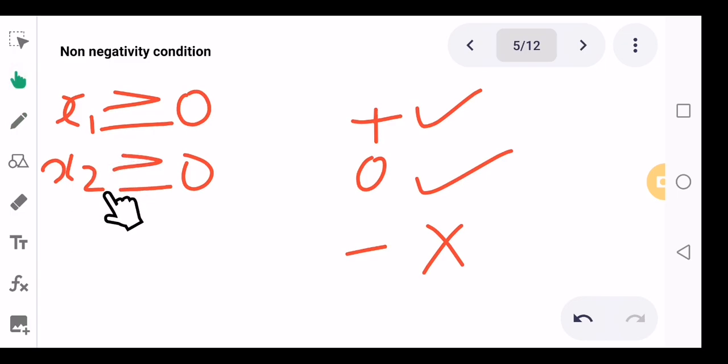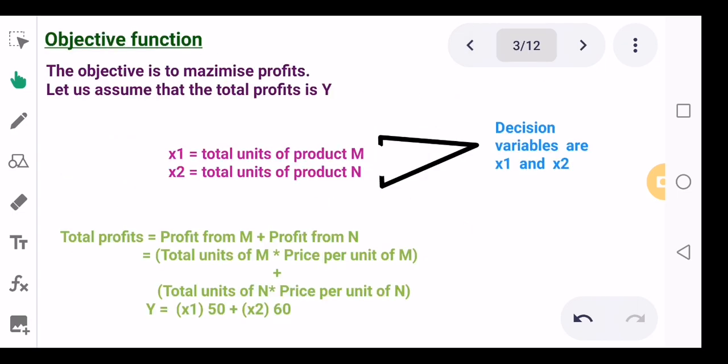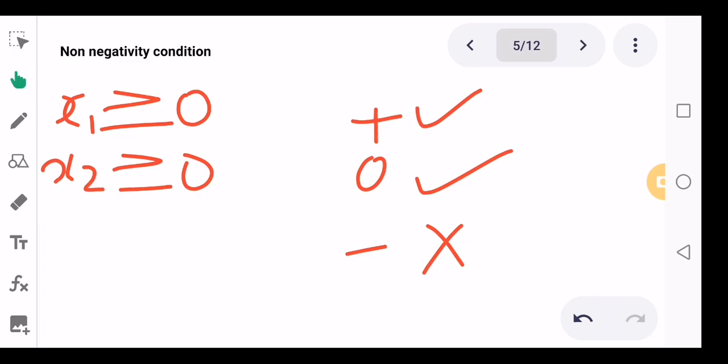They are the units of product M and units of product N. Whatever you are producing, it cannot be negative. Either there is zero production or there is some production. There won't be some -2 units of M produced. There's nothing like negative production. So there's either no production or there is some production. Some production will be positive, right? It can't be negative. That's why this condition comes.